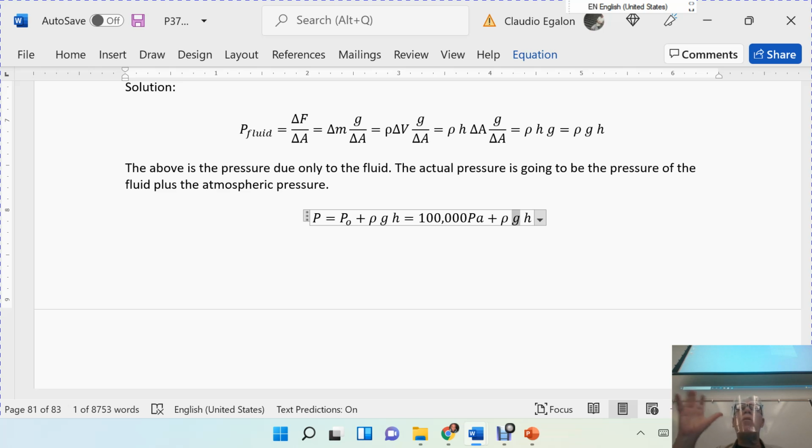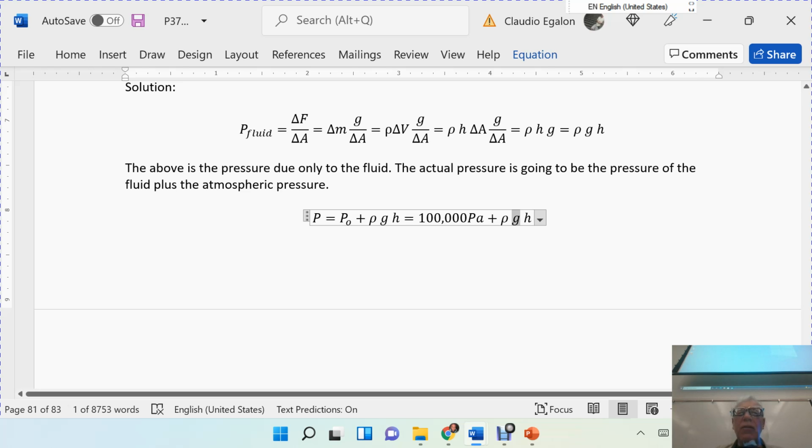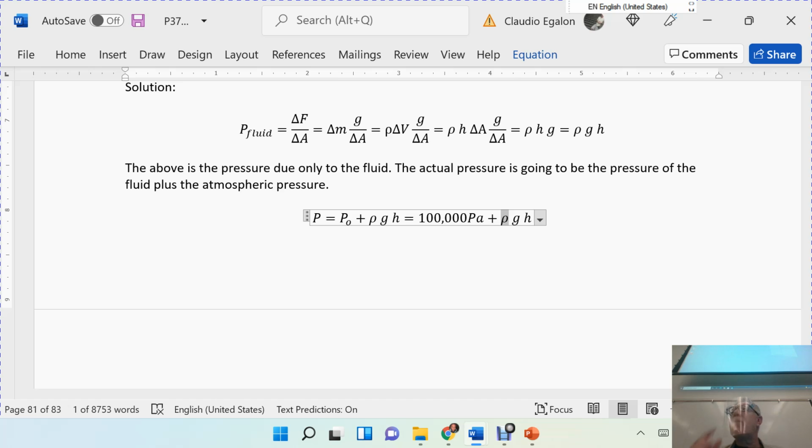It's very good to know how to do rule of thumb calculations. And what about the density of water? What's the density of water? That's easy, right? You must have seen that in chemistry.